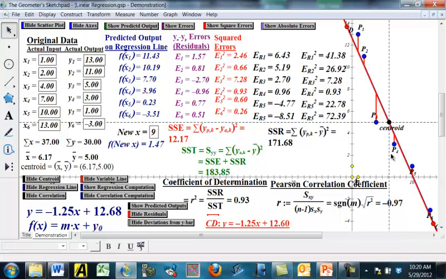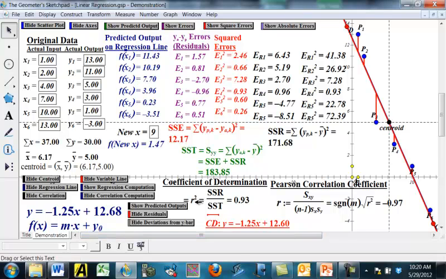In this case it's a negative slope, so it's negative 0.97 when you take the square root, but you want the negative square root because it's a negative slope to the line. That's called the correlation coefficient, or just the correlation, or sometimes the Pearson correlation coefficient. And that turns out to be also a measure of the line.